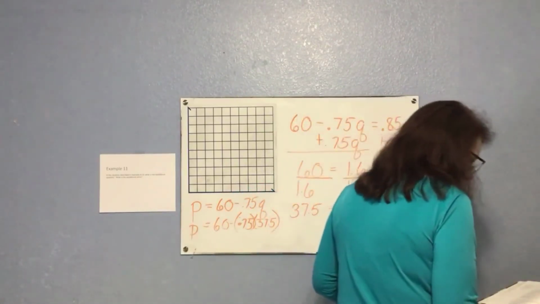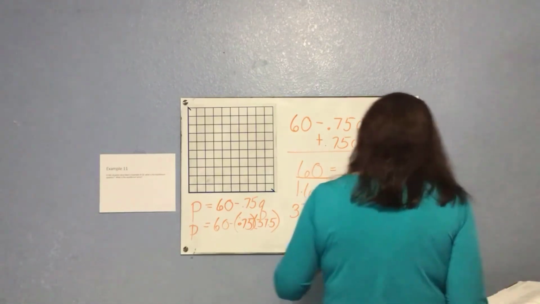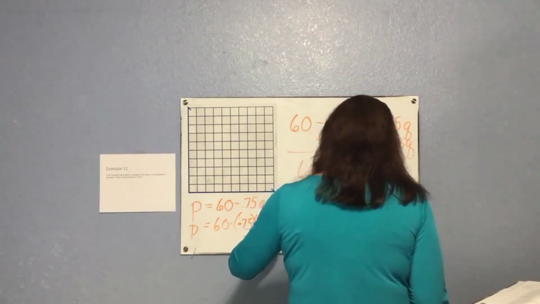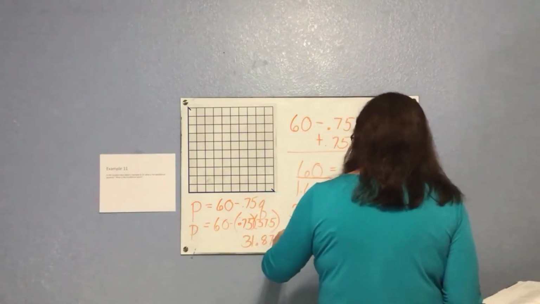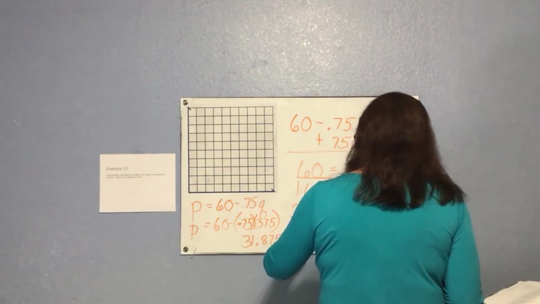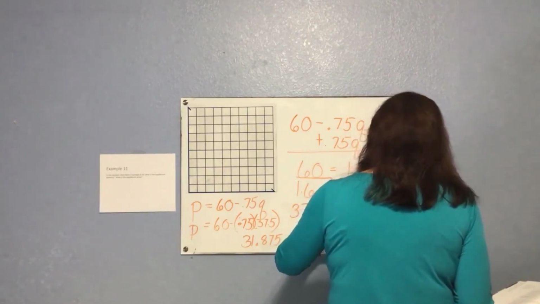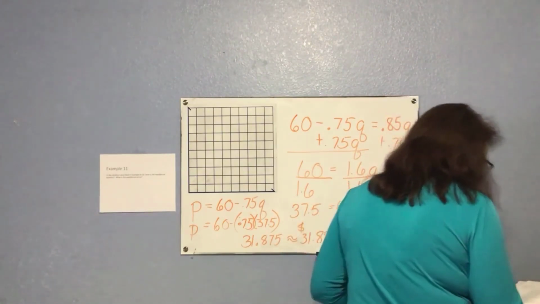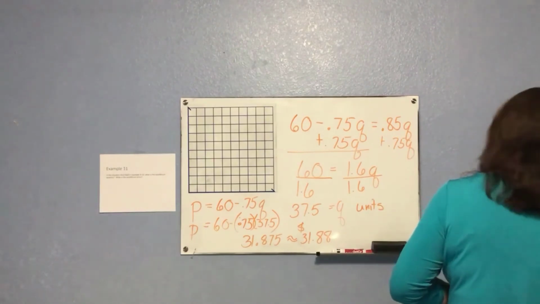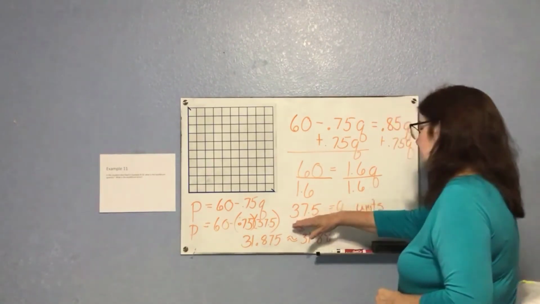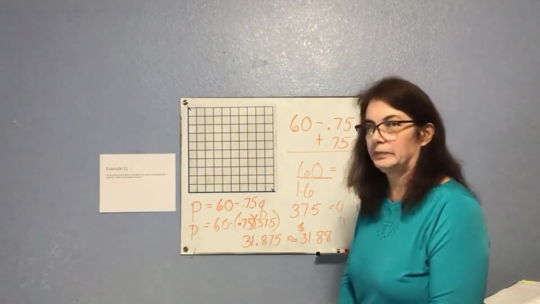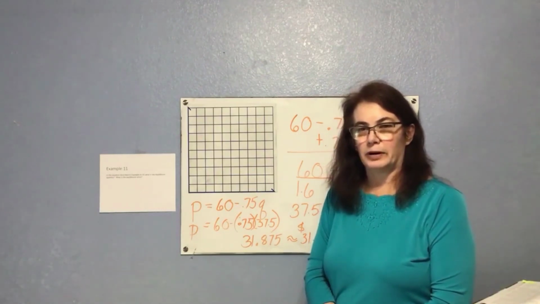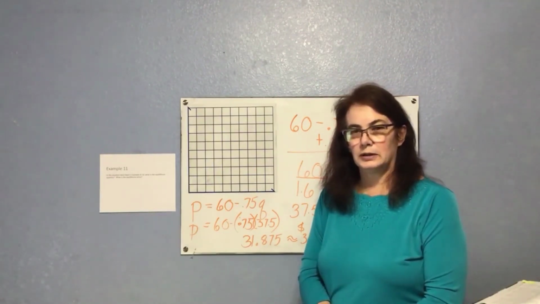And it gives us a value for P of 31.875. So if we rounded that off to dollars and cents, it would be $31.88 for our equilibrium price. And then our equilibrium quantity would be 37.5. Okay, pause the video and work on the last checkpoint before you go on to your assignment.